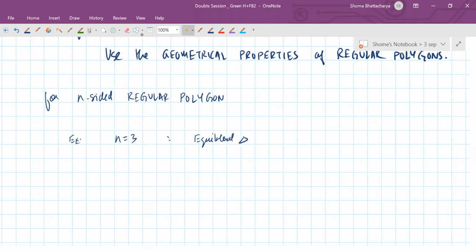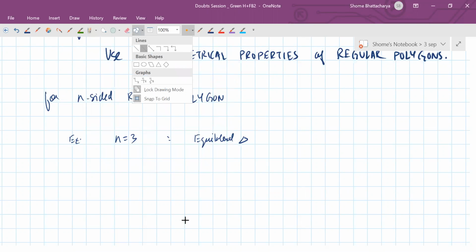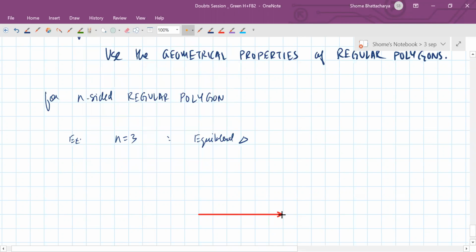If you look at an equilateral triangle in the context of vectors, it will be such that forces F1, F2 and F3 are the same in magnitude such that this angle is 120, this angle is 120.